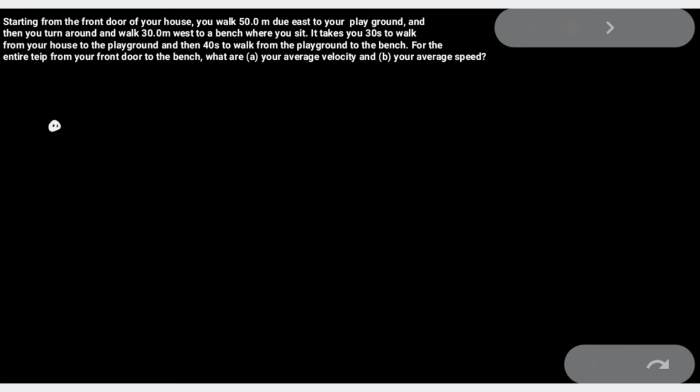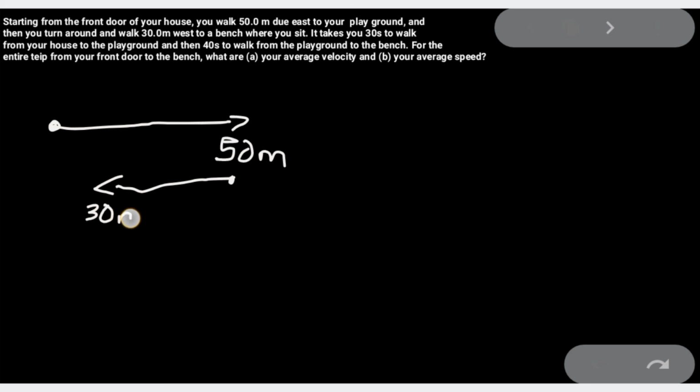You walk due east to your playground, 50 meter. So imagine this is the 50 meter. And then you turn around. You walk now from the playground 30 meter west.